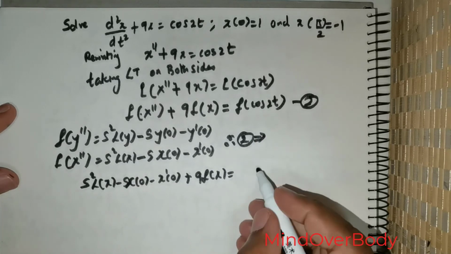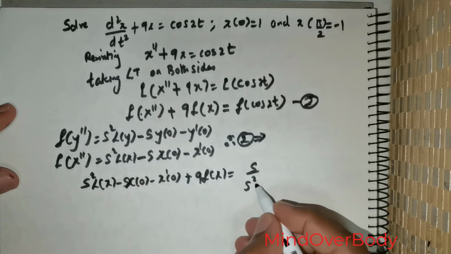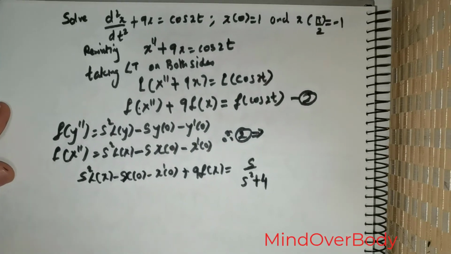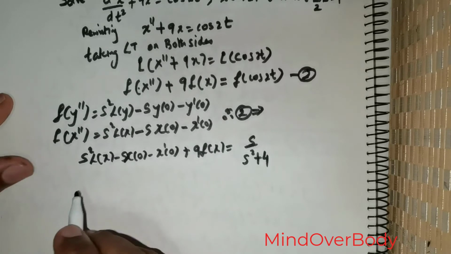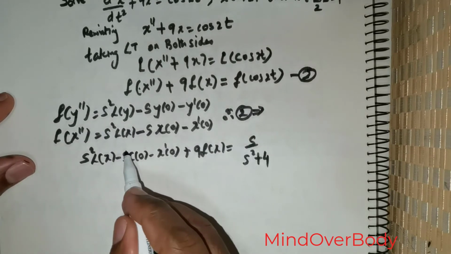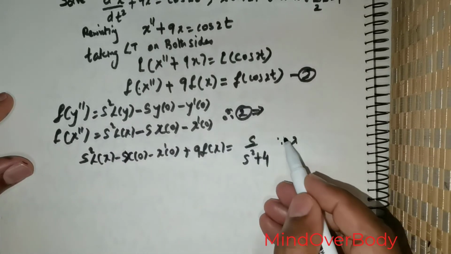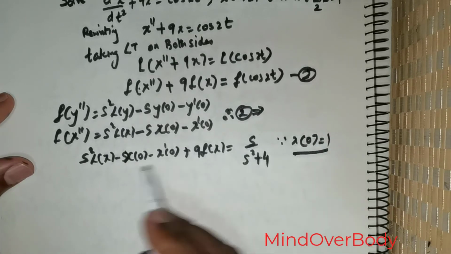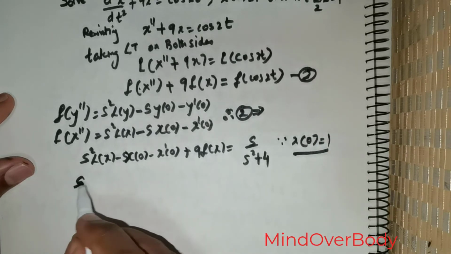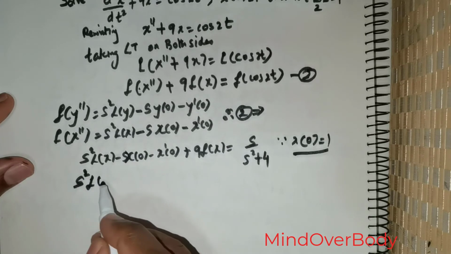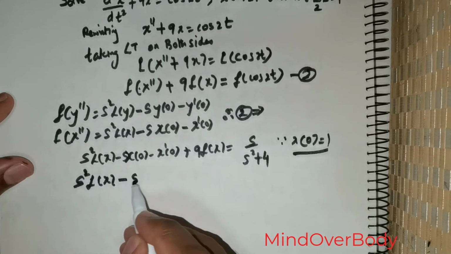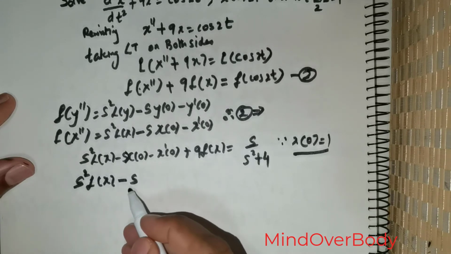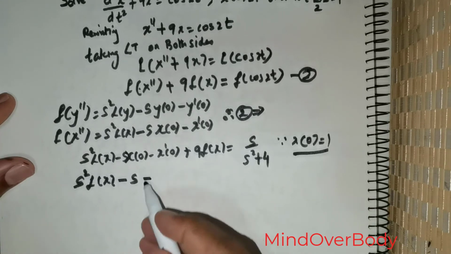Now cos 2t, that's going to be s divided by s squared positive 2 squared, that's 4. Now this can be rewritten with the values. It's been given that x of 0 is equal to 1, so this is going to be s squared L of x negative s times 1, which is s, negative x dash of 0.